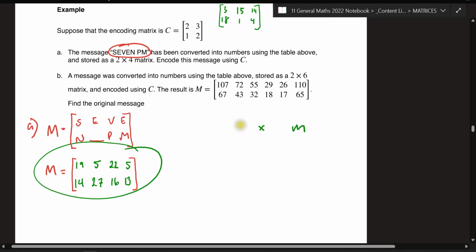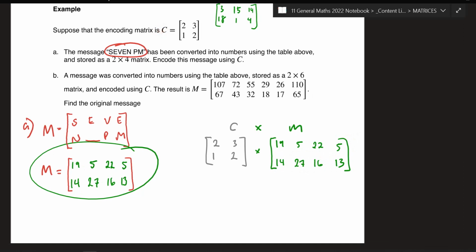So it's going to be matrix C, which is up here, 2, 3, 1, 2, multiplied by matrix M, my message right here: 19, 5, 22, 5, 14, 27, 16, and then 13.